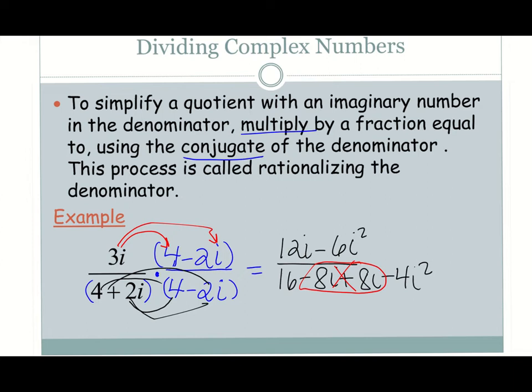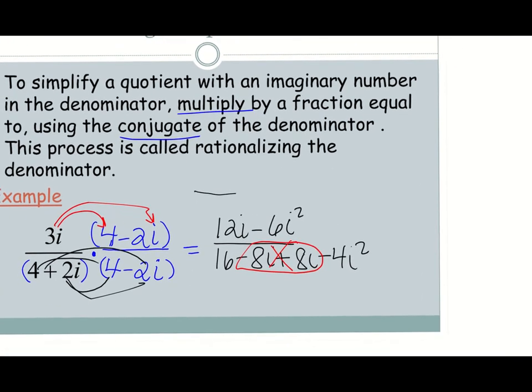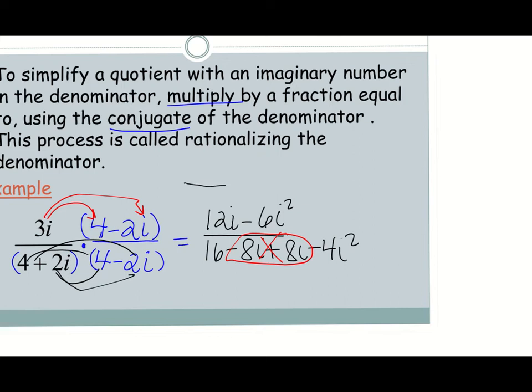And from here, I just need to go ahead and simplify. So if I'm simplifying, I have 12i minus 6 times negative 1, because remember, i squared equals negative 1. And then in my denominator, I have 16 minus 4 times negative 1.